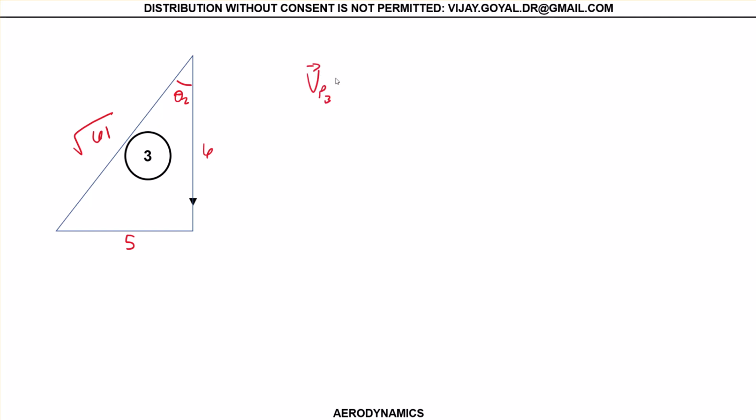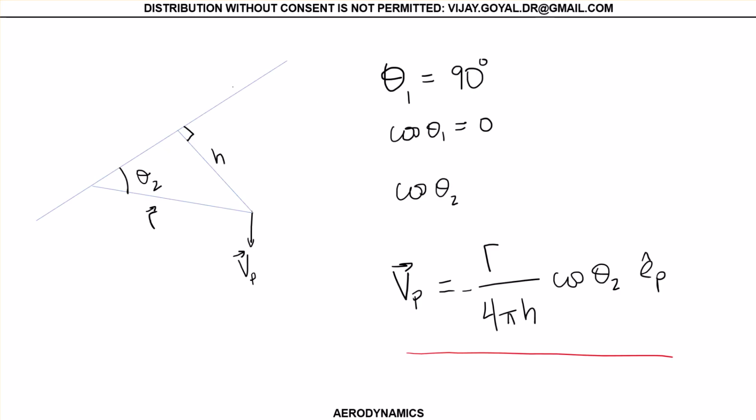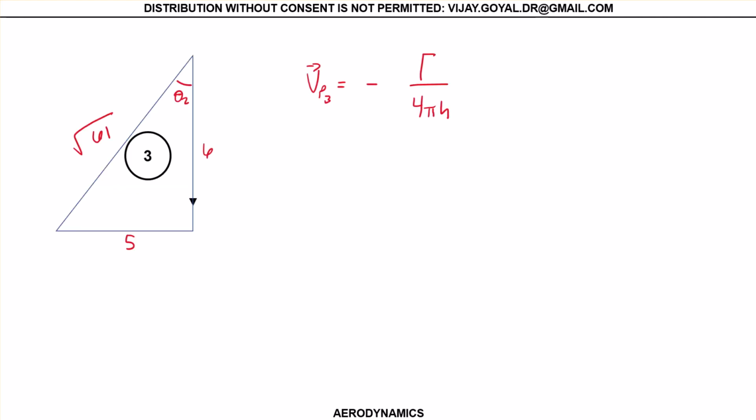The total VP3 will equal minus gamma over 4 pi h. The 4 pi h is correct, because we are not considering this segment here. We are just considering half of that. So this is cosine of theta 2, EP, and this will be minus 204 divided by the distance.